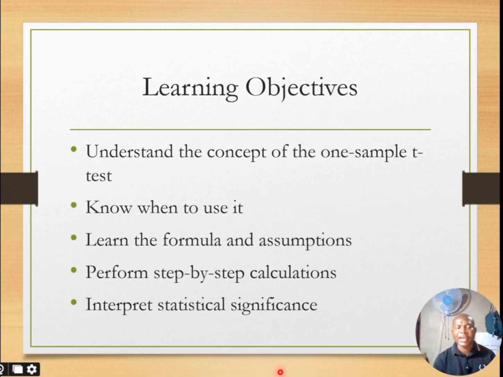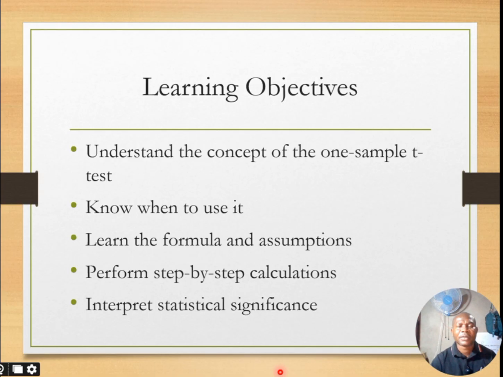Then you should get familiar with the formula and the assumptions. The assumptions are the conditions under which you can use the one sample t-test. Then we're going to perform a little step-by-step calculation on how to use our student t-test to arrive at statistical significance, and then we'll attempt an interpretation.